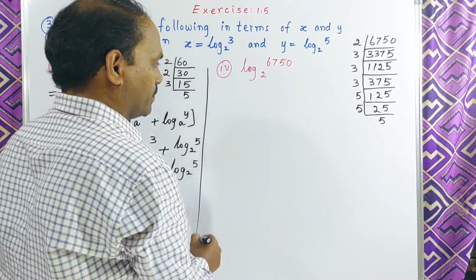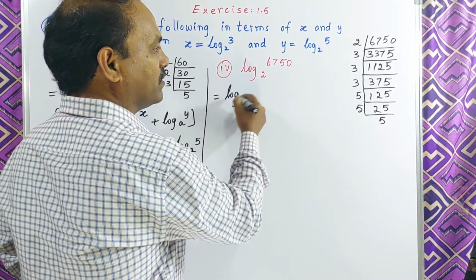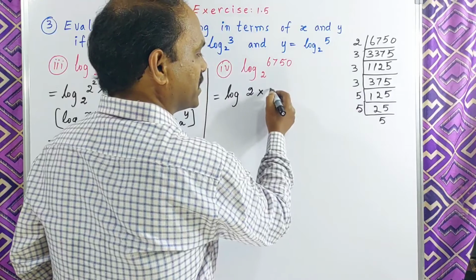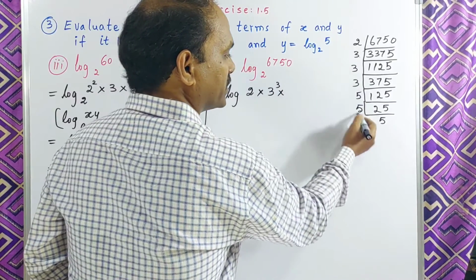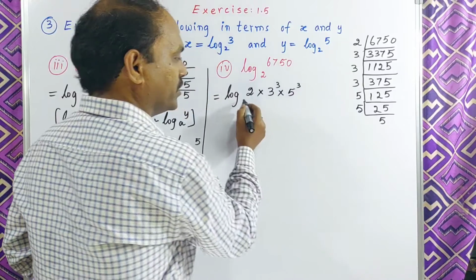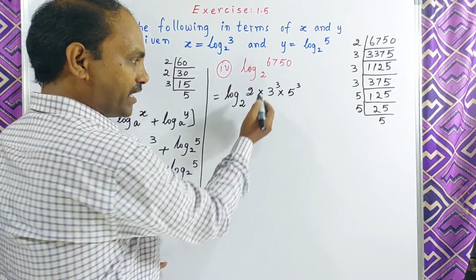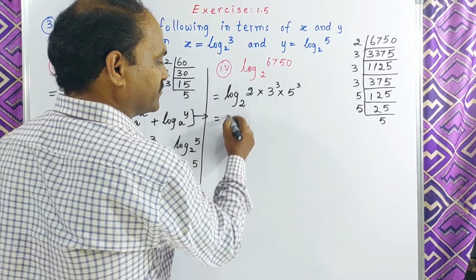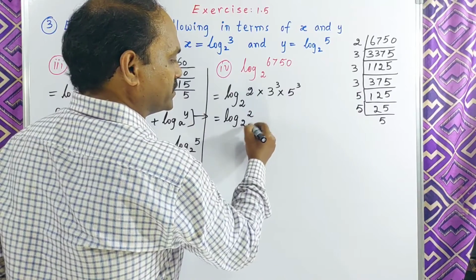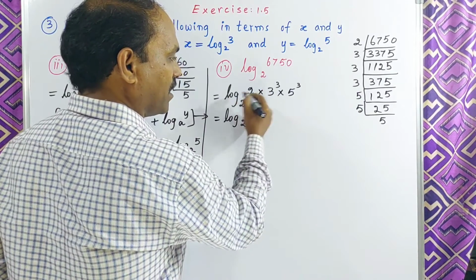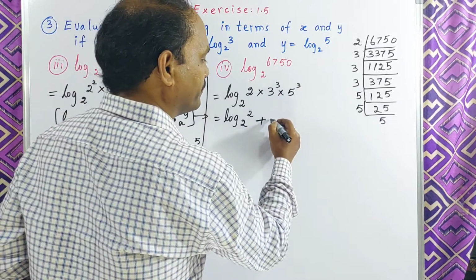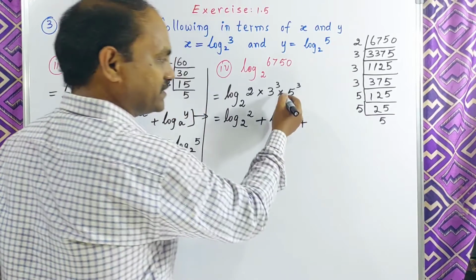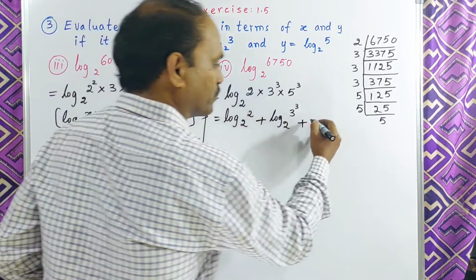So this one can be written as log of 2 into 3 cube into 5 cube to the base 2. Again multiplication is there, use the same formula here also: log 2 to the base 2 plus log 3 cube to the base 2 plus log 5 cube to the base 2.